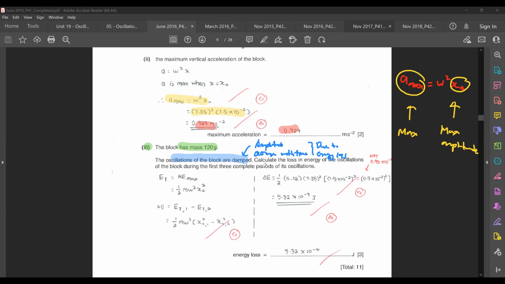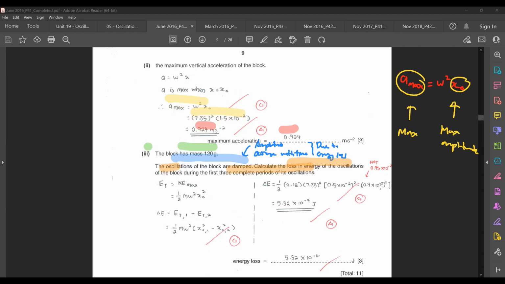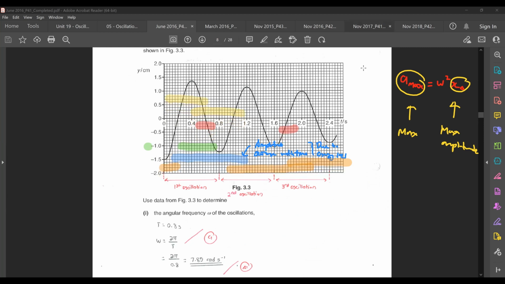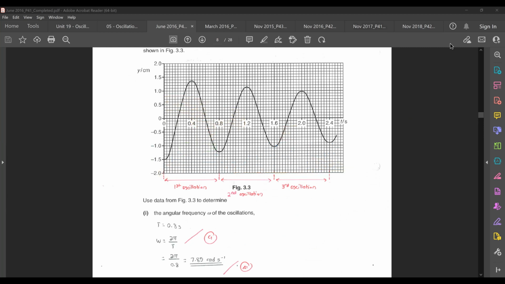Now here, the oscillations of your block are damped. Find the loss of energy of oscillations of the block during the first 3 complete periods of its oscillation. How much energy has been lost for the first 3 periods? If you look at your graph now, this one is one oscillation.